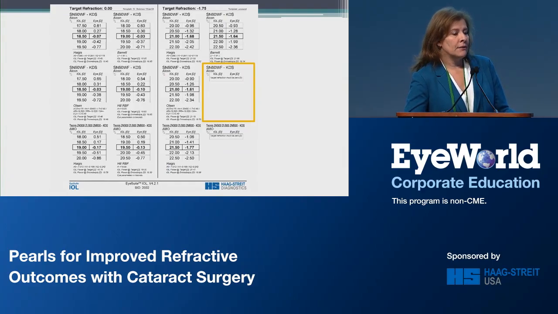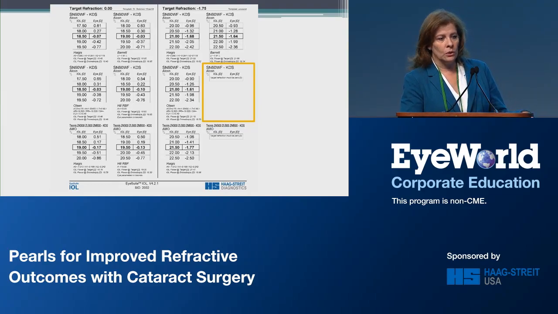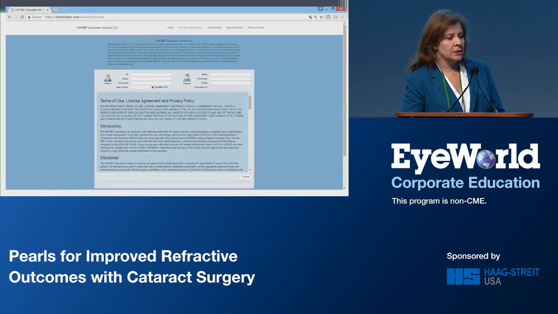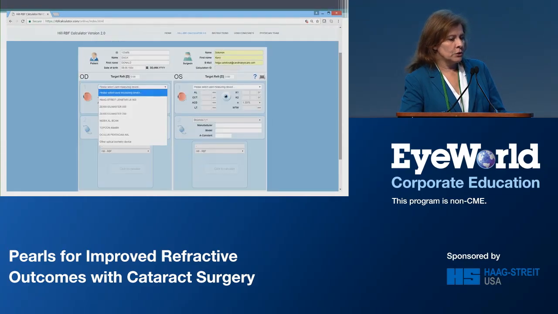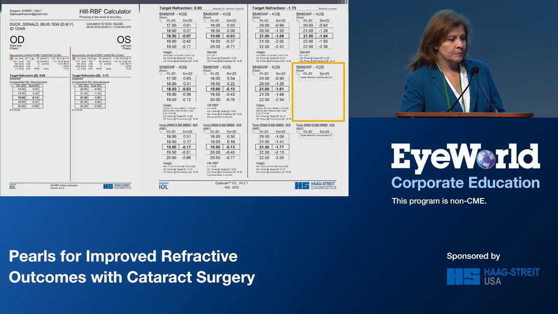But now, version 1 doesn't have the capability of doing monovision or any other target than plano. So in that case, when we have these patients, we go to the online calculator, and we just enter the information as it is required. And then we can have here our measurement for a monovision patient.